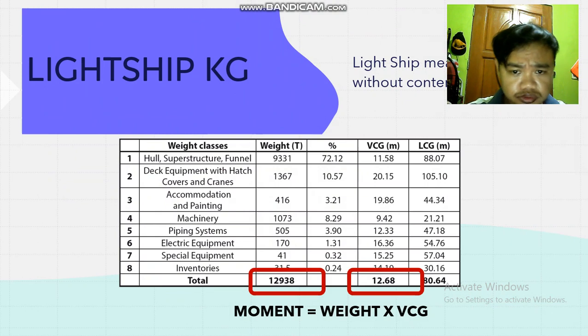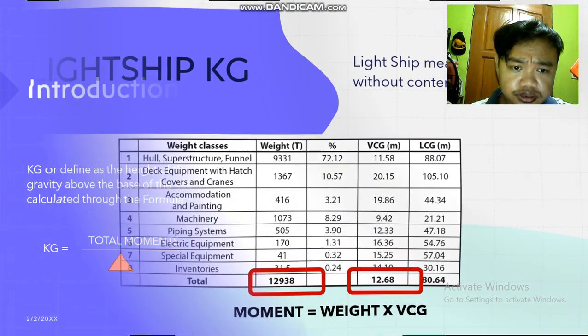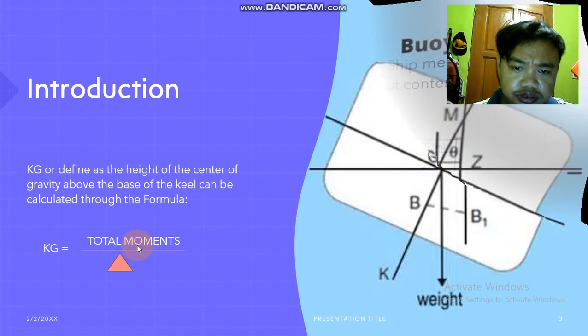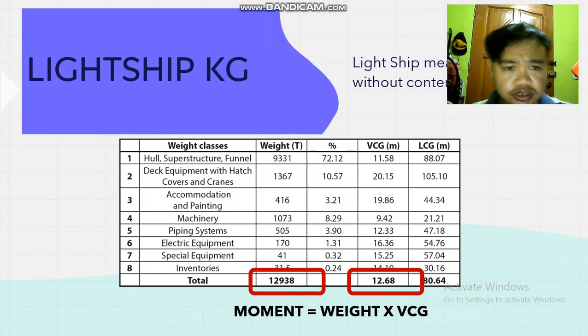Before we can obtain the values of these total moments, since it includes the light ship condition of the ship, we have this table which we obtain from our stability booklet.